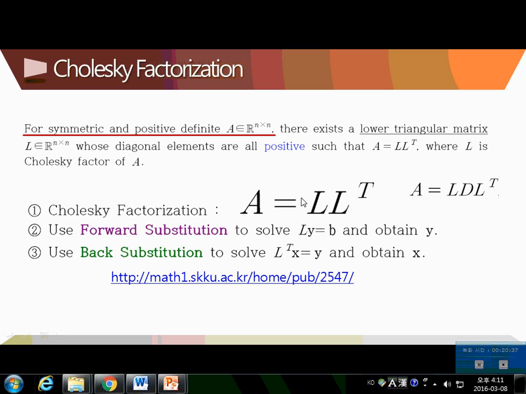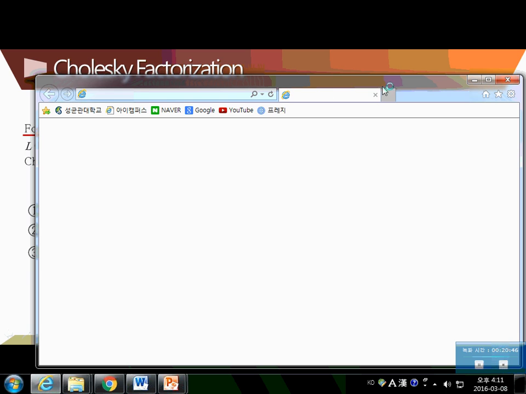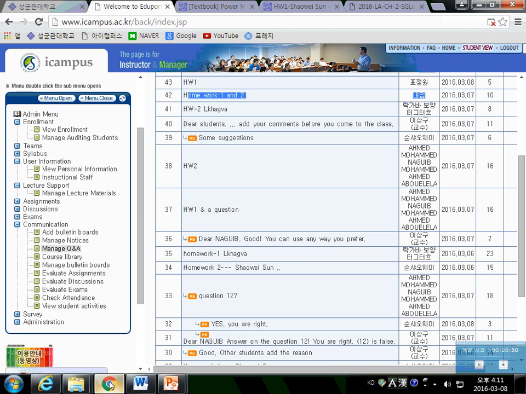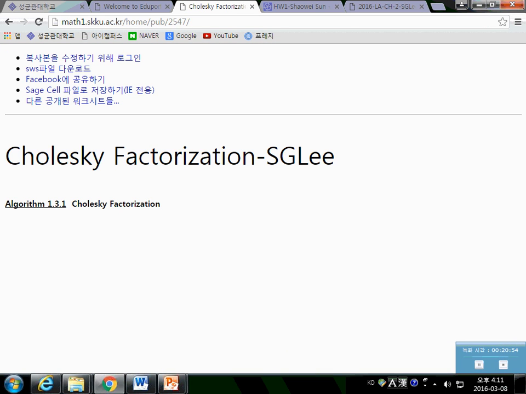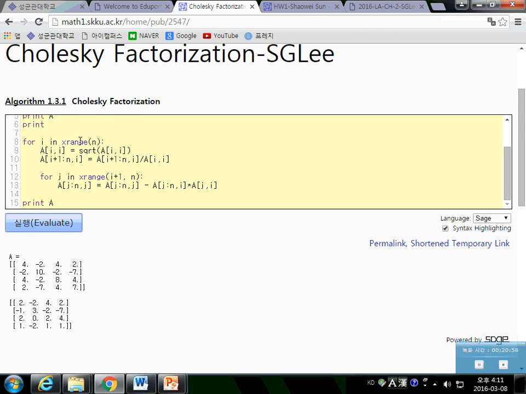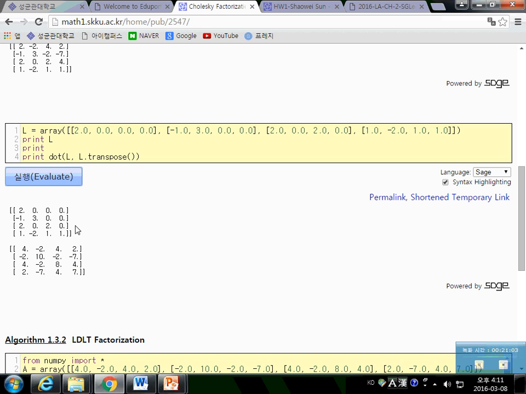Actually, I also showed how the Cholesky factorization can be done here. Let's see. As you see here, Cholesky factorization can be done like this. Matrix A can be written as L times L transpose.